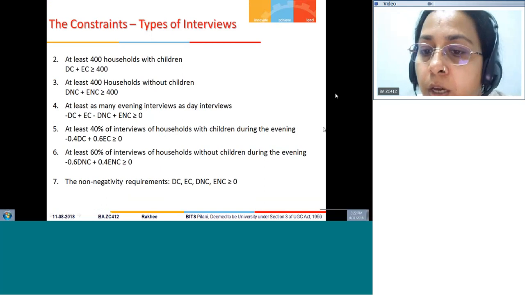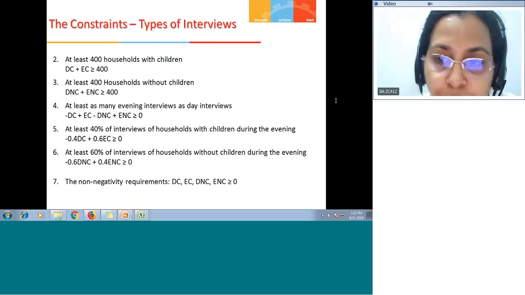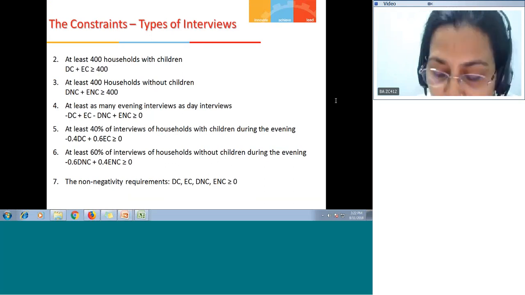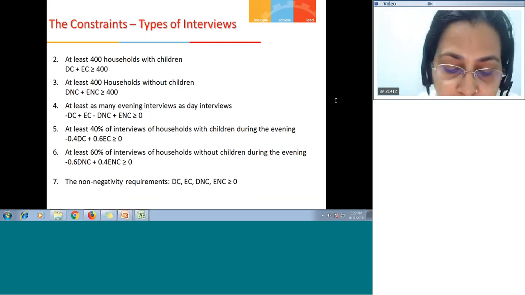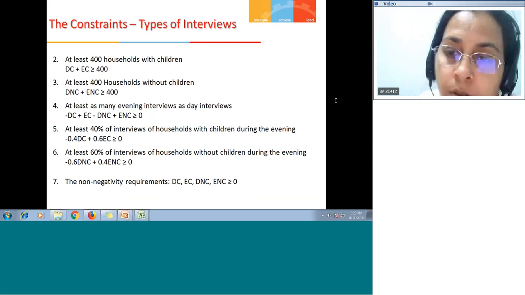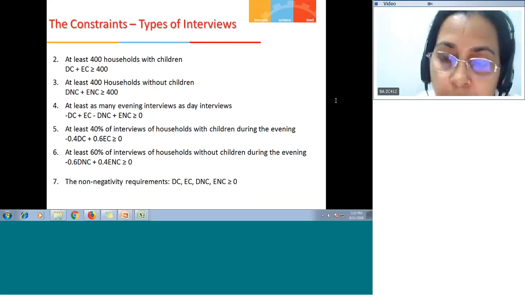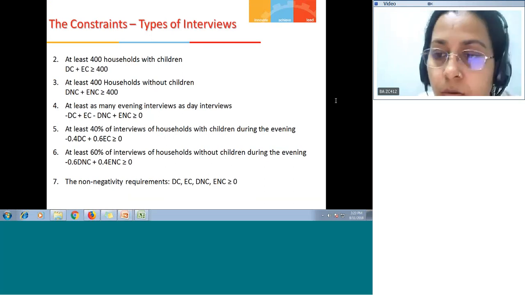So here if you simplify, taking everything on the left hand side, you will get 0.4 DC negative 0.4 EC plus EC greater than or equal to 0.